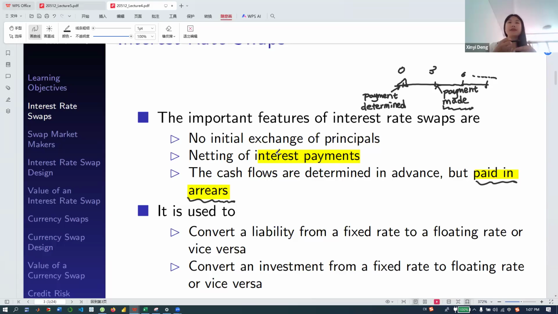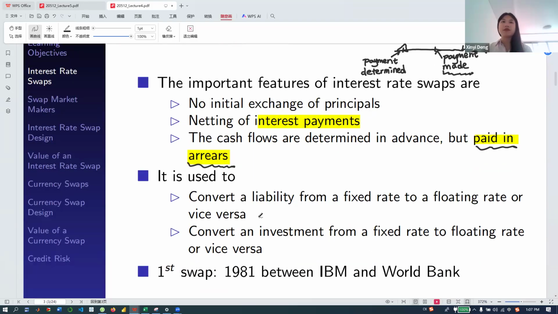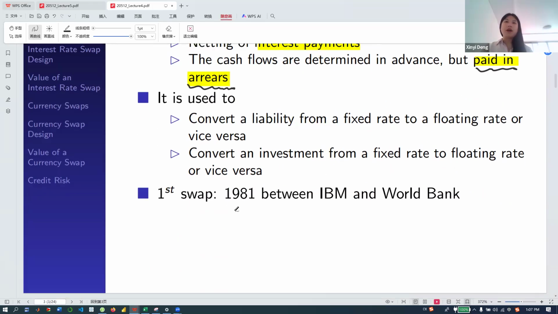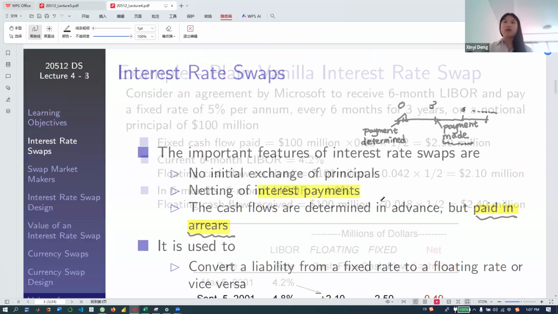So basically you're either converting a liability or an investment from fixed rate to floating rate or vice versa. Actually, you may also be converting floating rate for floating rate. So here it's just to give you a sense of converting interest rate exposure. And the first swap was in 1981 between IBM and World Bank.